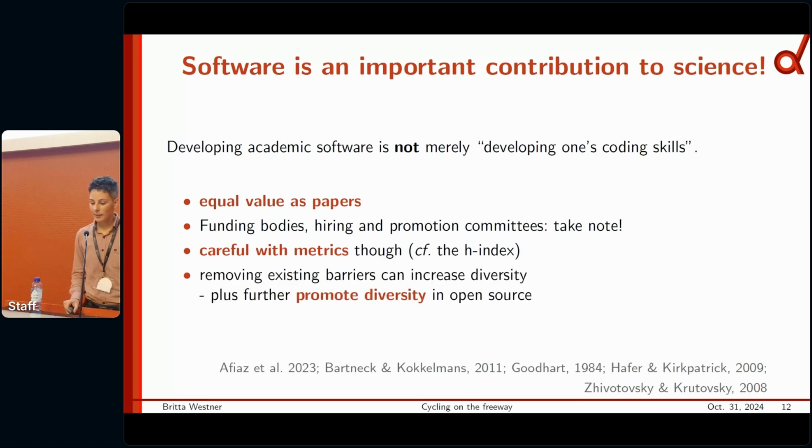And removing existing barriers and actually valuing software as an important contribution to science can also increase diversity in the open source community, because it will become a more valued part of our everyday working, and people do not have to do it in their free time anymore. Of course, this doesn't mean that we should stop promoting diversity in open source as a standalone, but I think it can really help changing the diversity obstacles we are looking at right now.